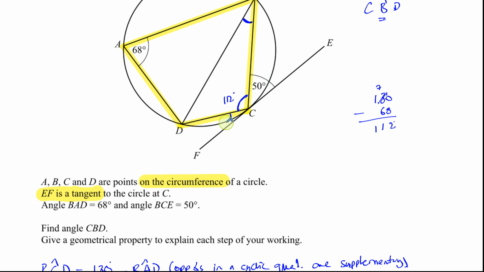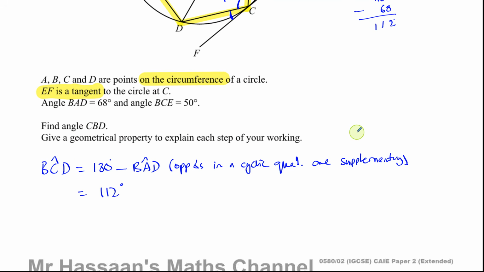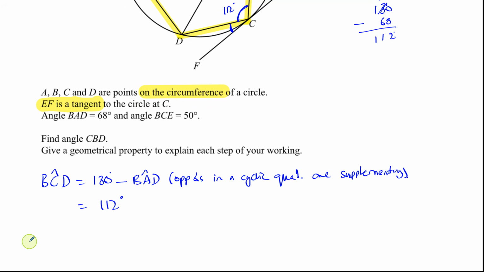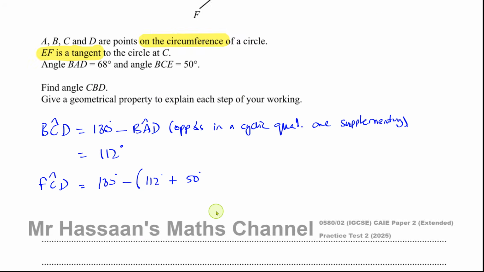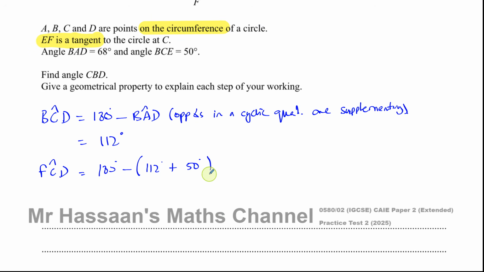So we can work out this angle by 180 minus the other two. Angle FCD is equal to 180 minus 112 plus 50. What's the reason? You can say angles on a straight line.